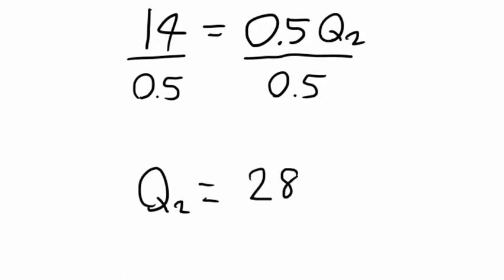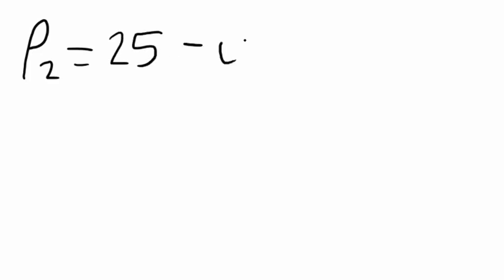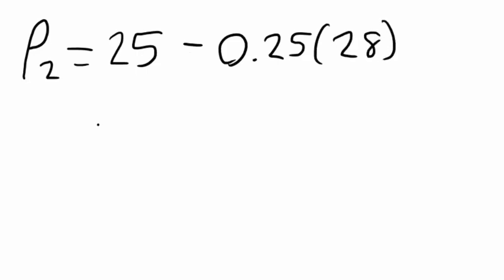So the price-sensitive group will end up buying more than the regular group, approximately 28 movie tickets. Now we want to figure out how much we're charging them. We plug our quantity into our price 2 function, P2 equals 25 minus 0.25 times 28, and we get a P2 of 18.